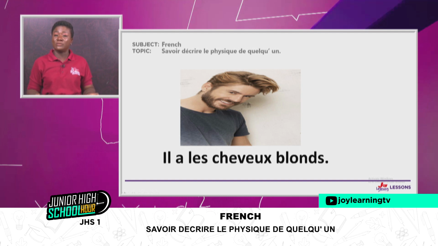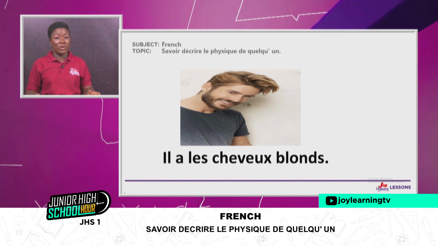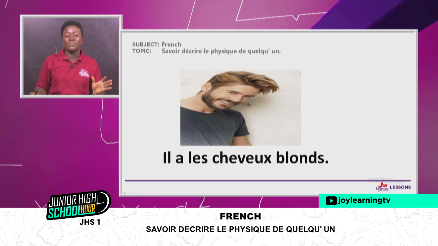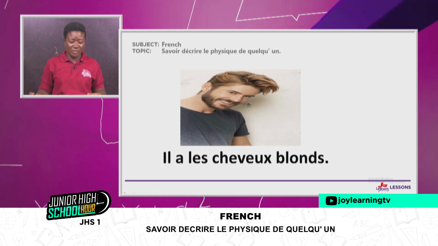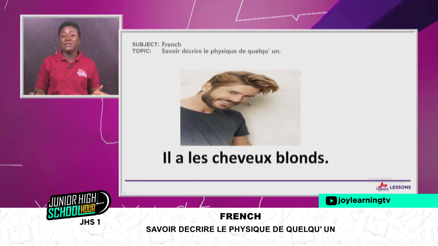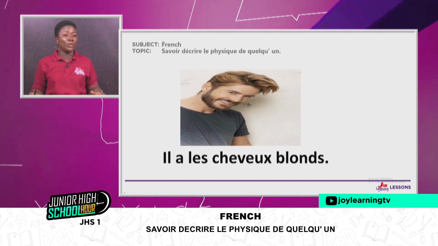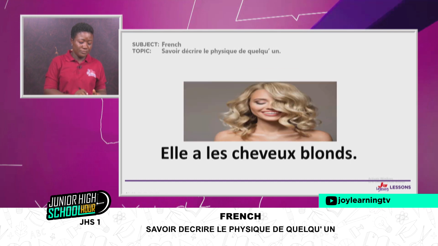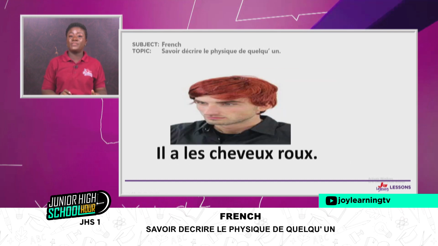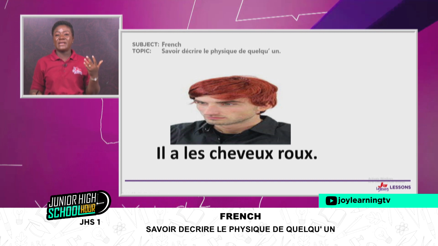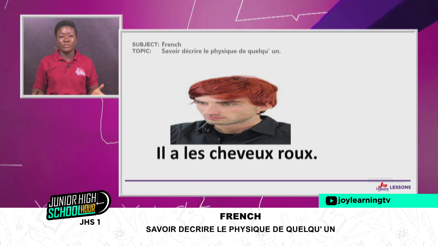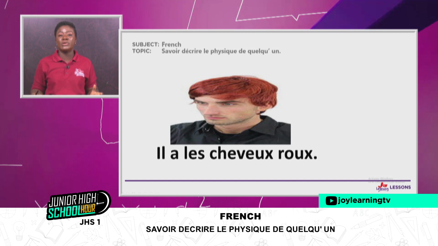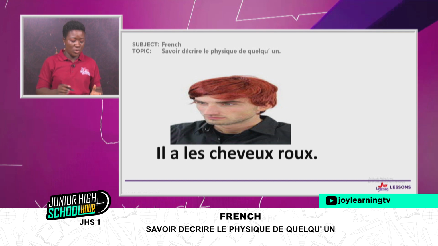Now, we also said we can talk about the color of someone's hair. So we started by looking at light brownish hair, and it can be described as il ou elle a les cheveux blonds. Then if the person has red colored hair, we saw it as il ou elle a les cheveux roux.